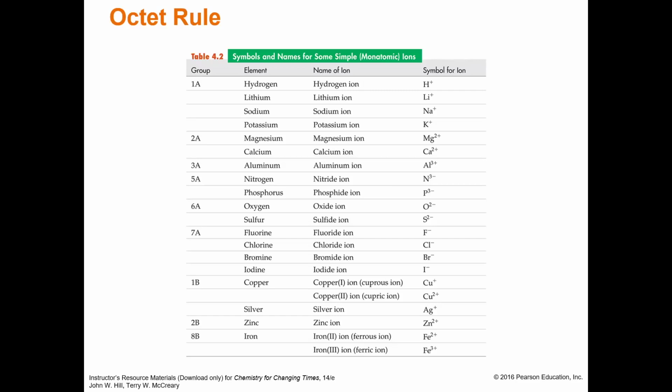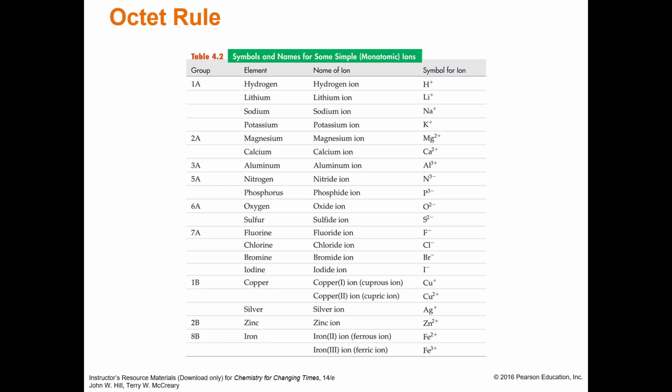Alright, so these are some of the typical elements and the names of the ions. Notice the names for metals: positive ions are always the element name, hydrogen, lithium, sodium, etc., and then you just put ion at the end. For transition metals, it gets a little bit more complex. The stuff in the middle, in the d block, so the stuff in the very center towards the bottom, is what are called transition metals.